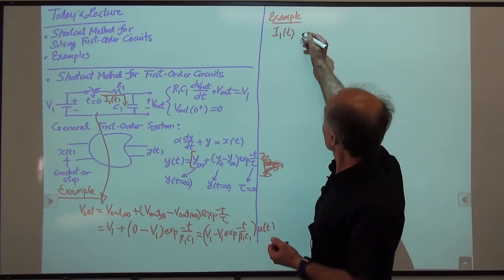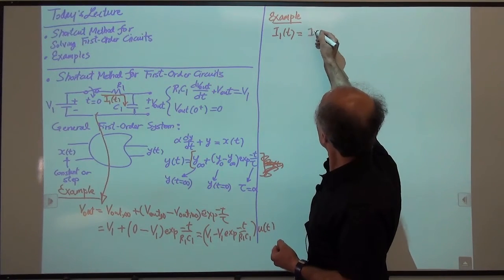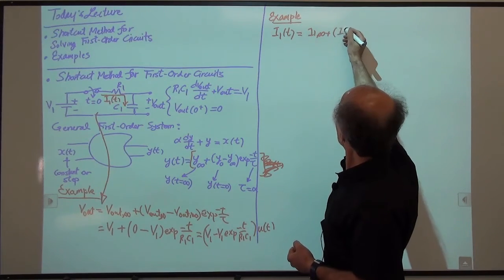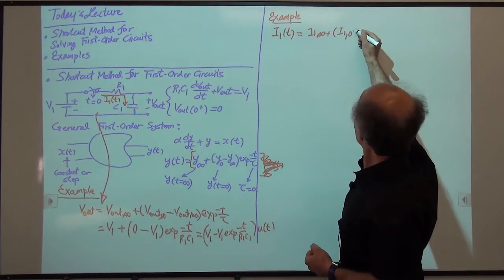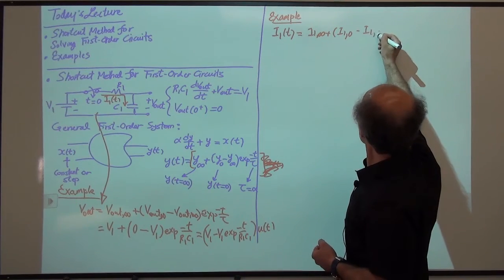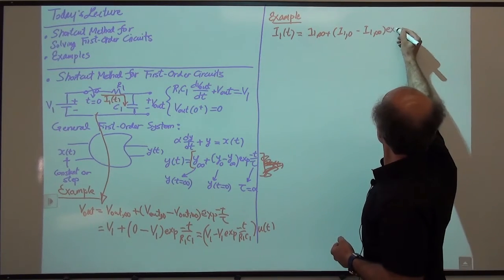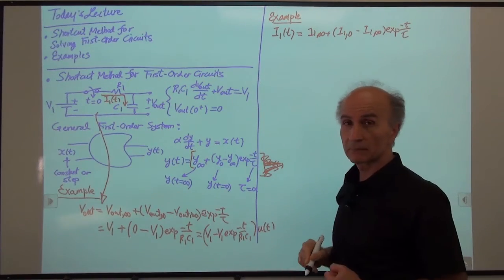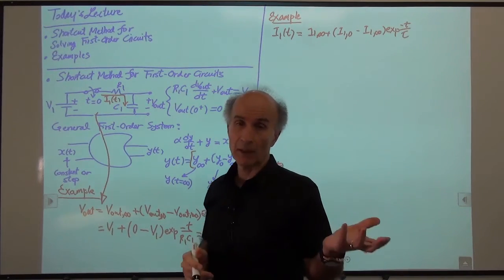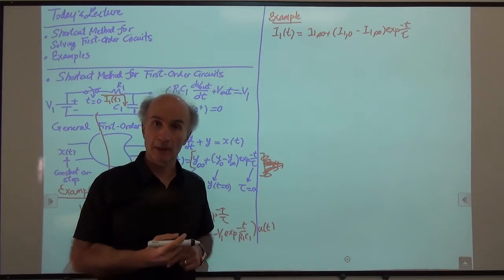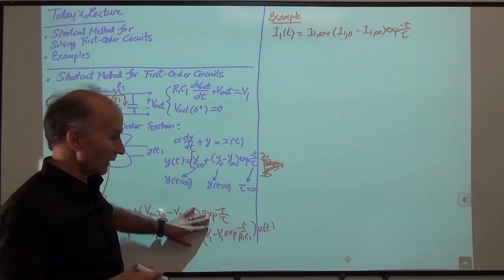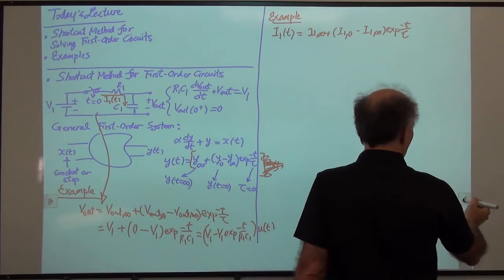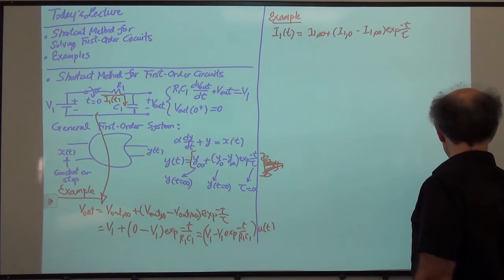So we will have I1 of t is equal to I1 at time infinity plus I1 at time 0 minus I1 at time infinity, times e to the minus t over tau. So if I find all these values, I have I1 of t, right? I don't have to take the derivative of this. I don't have to do anything, right? Okay, so how can I do that? That should be easy enough.